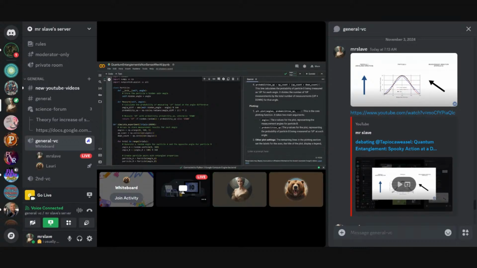Yes. Just to synchronize, do you want to tell me what your interpretation of entanglement is? You send a particle to the other side of the universe, you measure it, you measure the other particle, and the outcome of the other particle depends on the measurement of the first particle.